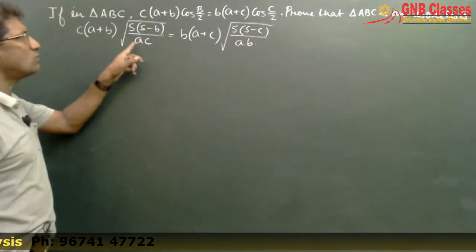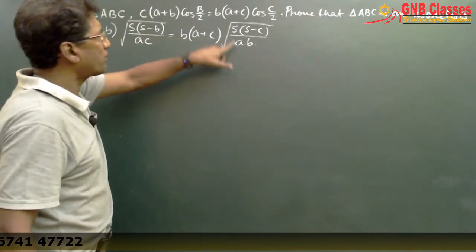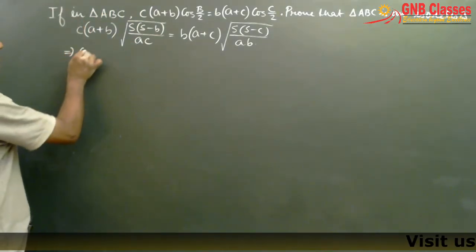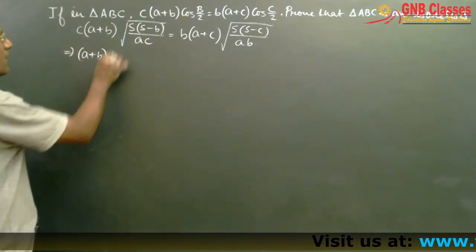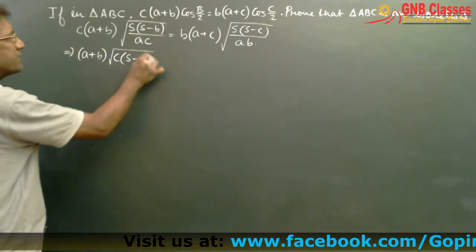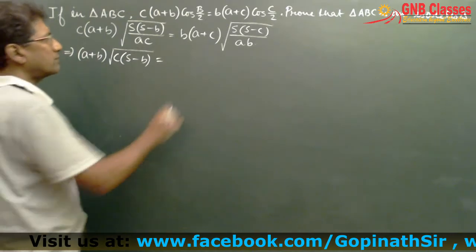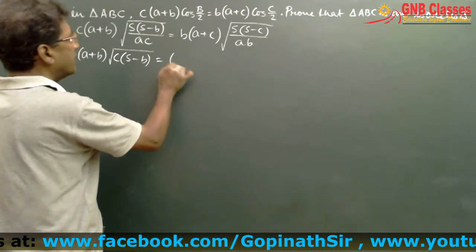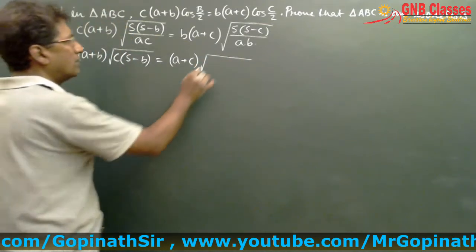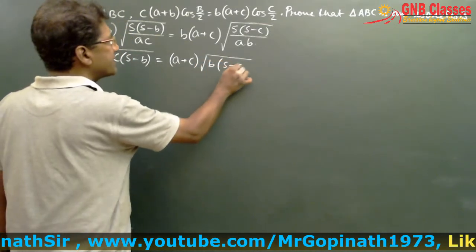Now, from both sides you just cancel the root of s by a. So we are getting (a plus b) under root c(s minus b) equals (a plus c) under root b(s minus c).